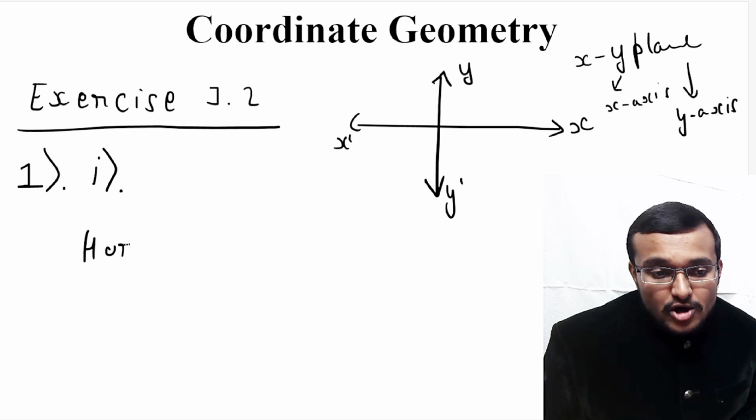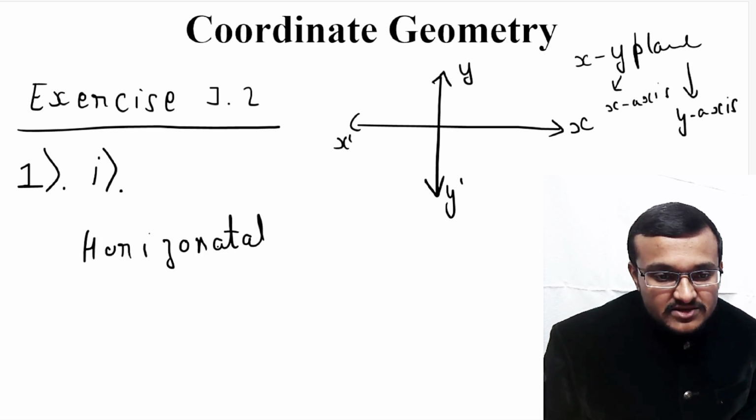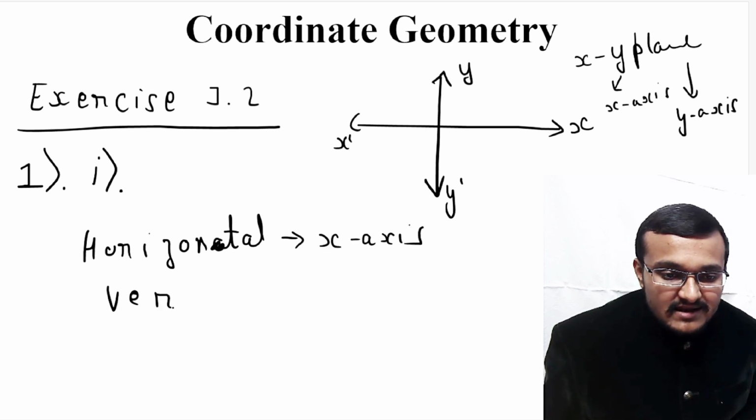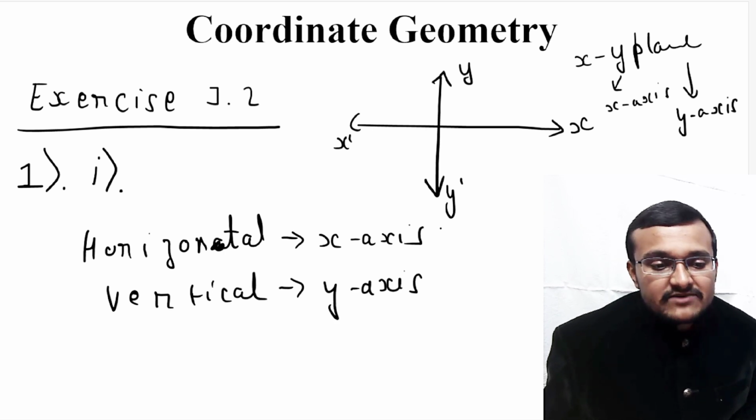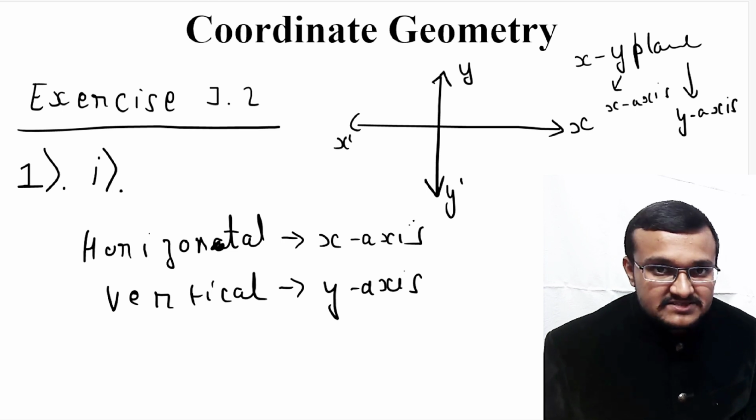The horizontal line is always the X axis and the vertical line is known as the Y axis.